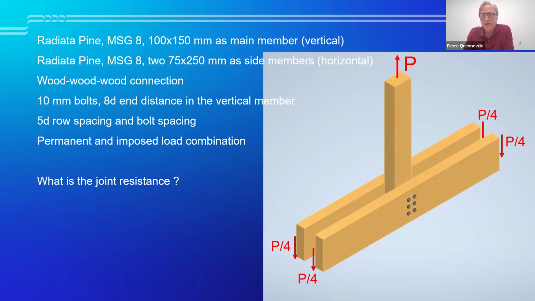The bolts would be located at the center height of our side members. And in this case, we would need to just look at the joint resistance. So just one step in the design.